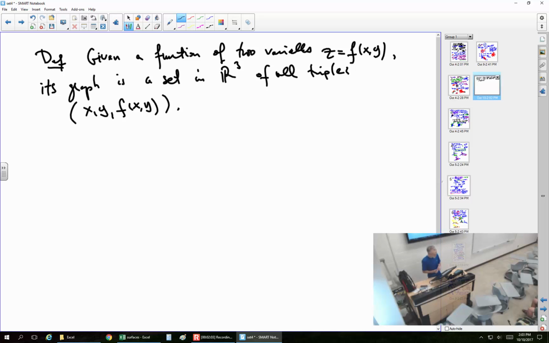Okay? All possible triples. So that's what the graph is.